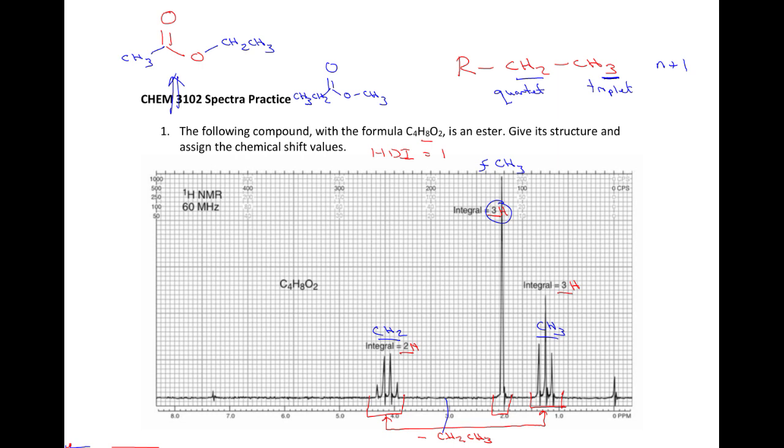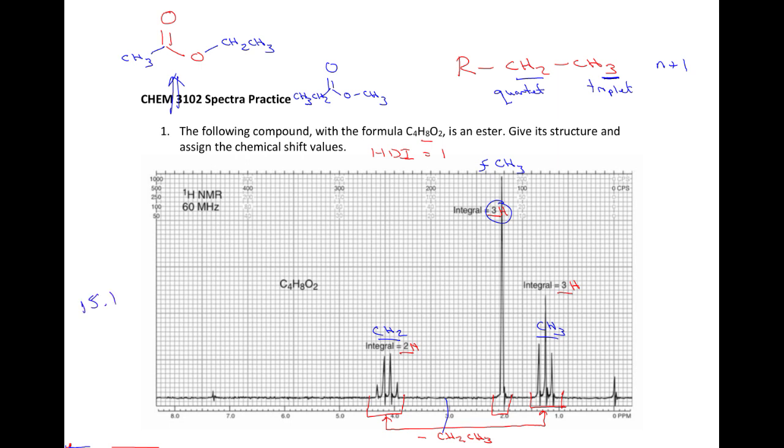So the next thing I would do is look at each one of these structures and say, okay, can I estimate what my chemical shifts would be? And the table that you'd want to use to do that is found in Klein's book, and it's table 15.1.